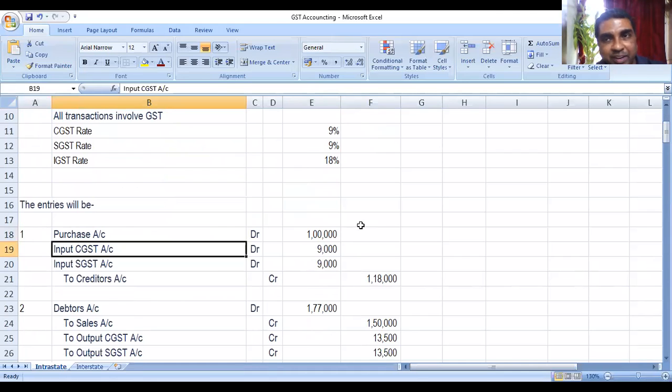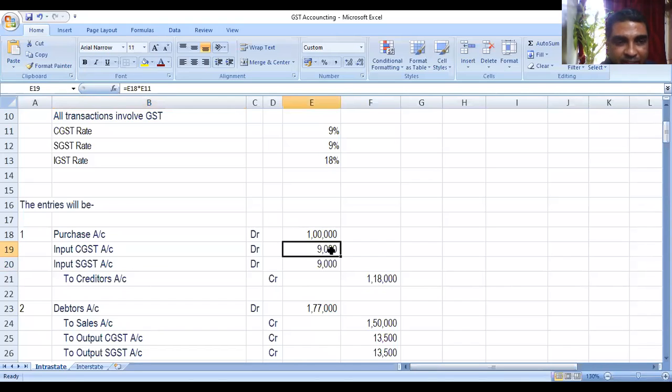You can give different names, but purposefully I'm giving it as input CGST. Then another account, input SGST. Whenever there is a local purchase, there will be CGST input and SGST input. When purchases are made for 1 lakh, input CGST 9,000, input SGST 9,000, total money payable to the creditors is 1,18,000. Is it clear? Did you understand this?